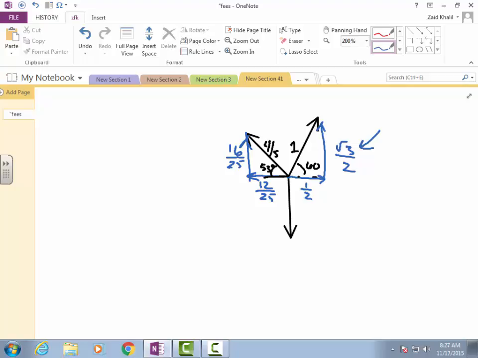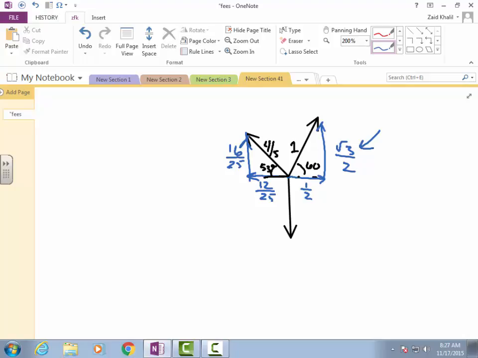So if you want a really good approximation of square root of 2, guess what you'll do with these two? You'll average them. 10 over 7 plus 7 over 5, divided by 2. What do you get? 50 plus 49, which is 99 over 70. And how good of an approximation is that?